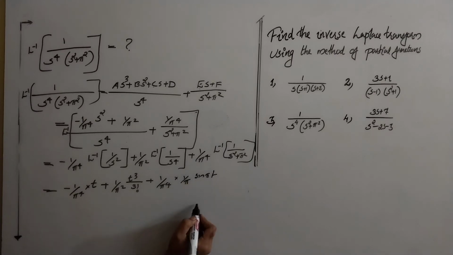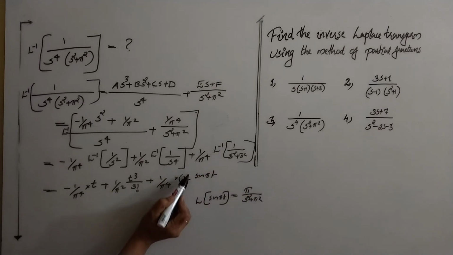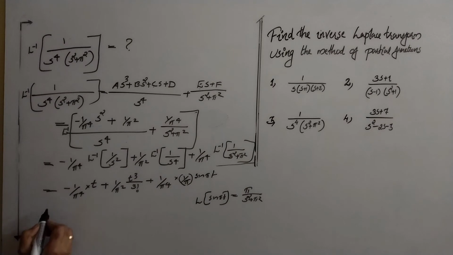Laplace transform of sin pi t is equal to pi divided by s square plus pi square. Here we have 1 by s square plus pi square. So this 1 by pi into sin pi t is the inverse Laplace transform of 1 by s square plus pi square.